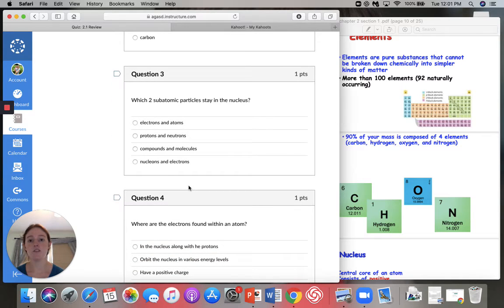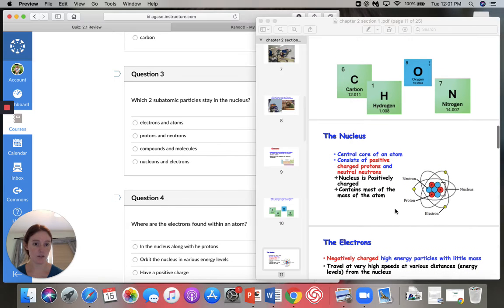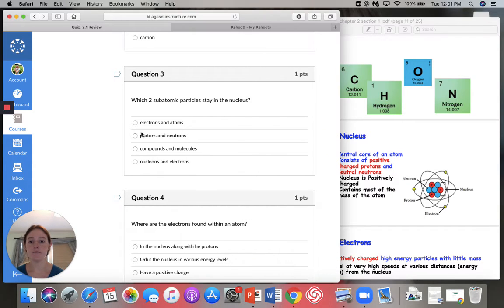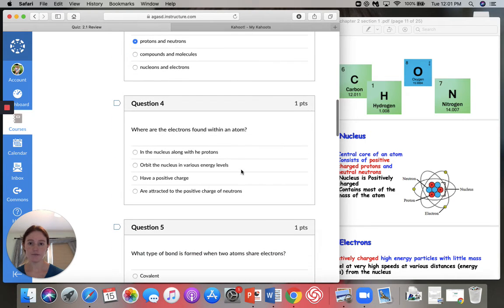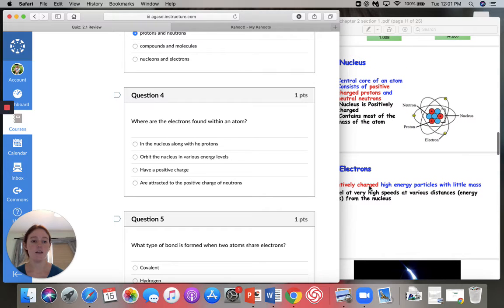Question 3, which 2 subatomic particles stay in the nucleus? Oh, that one was an easy one because we just talked about that one. Go to your nucleus slide. Protons and neutrons. Where are the electrons found in an atom? For that one, you would look down here at the electron slide.